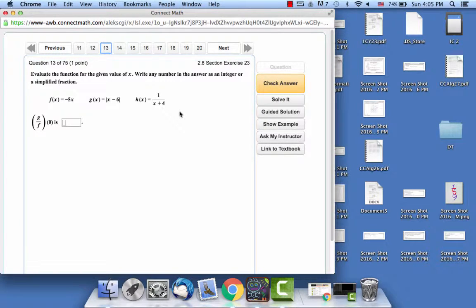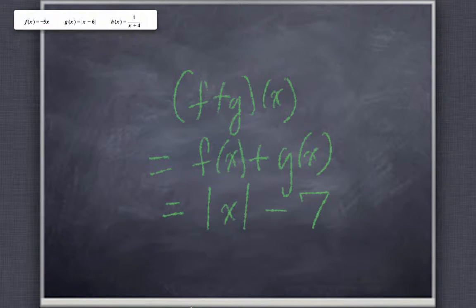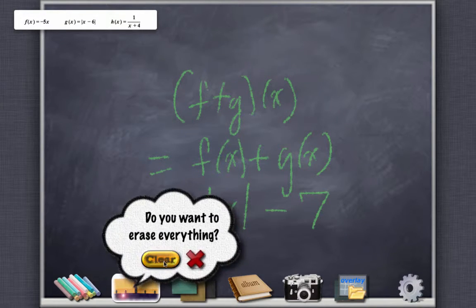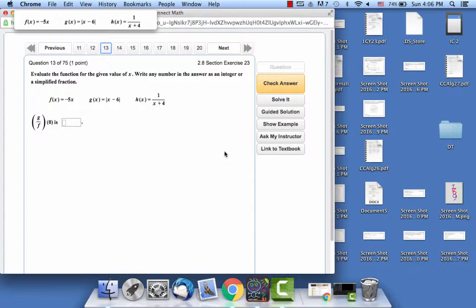Okay, so 13, we want to evaluate the function for the given value. Okay, so we are going to want first g over f of 0.